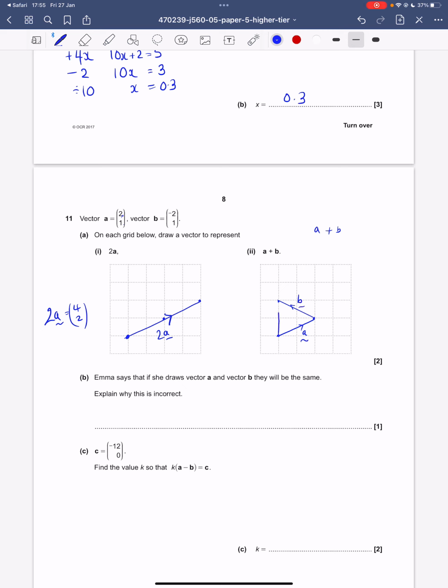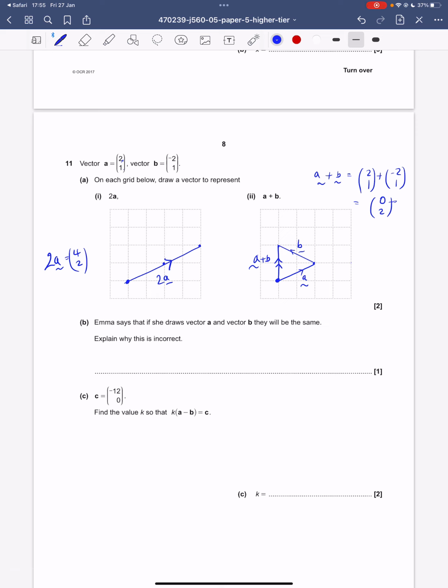So that is actually A plus B there. A plus B: (2, 1) plus (minus 2, 1), which is (0, 2). So we start from there, we'll go 0 across and 2 up.